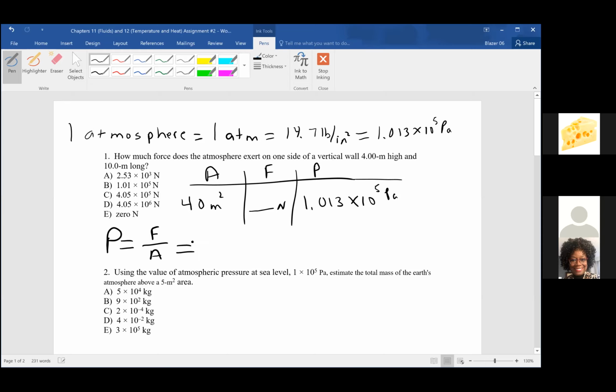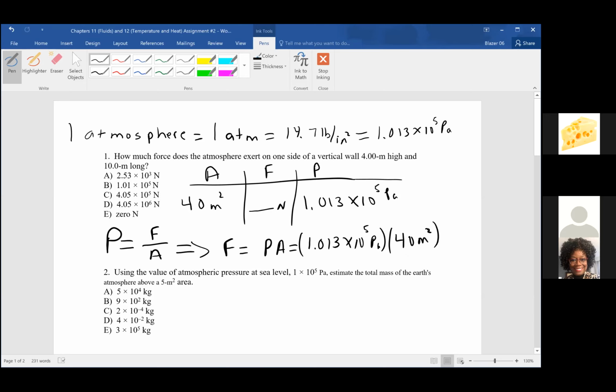So this implies that my force must simply be my pressure times my area. And therefore I have my pressure, which is atmospheric pressure, which now I've given you as 1.013 times 10 to the 5th pascals times my area, which is 40 meters squared.